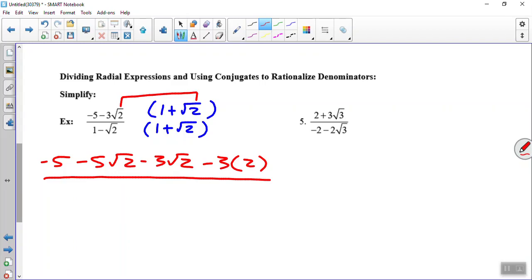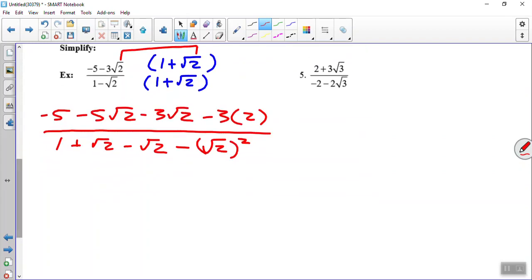So similar to what we had with imaginaries, this middle term is always going to cancel out. You'll get 1 plus root 2 minus root 2 minus square root of 2 squared. So this all simplifies. These become 0. On the top, I'm going to combine like terms.